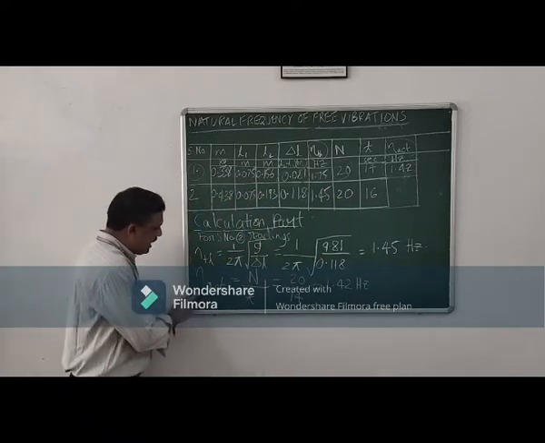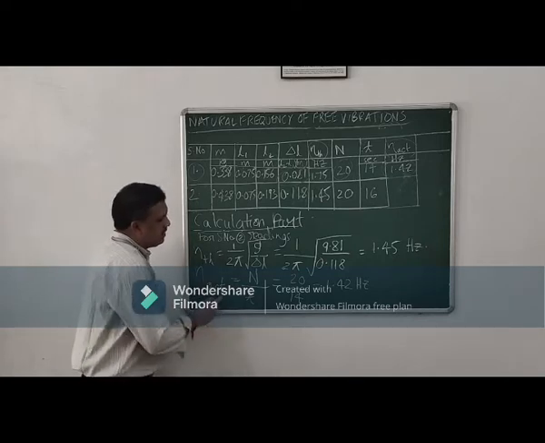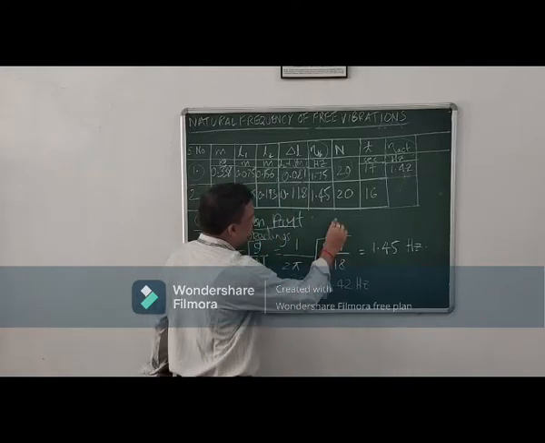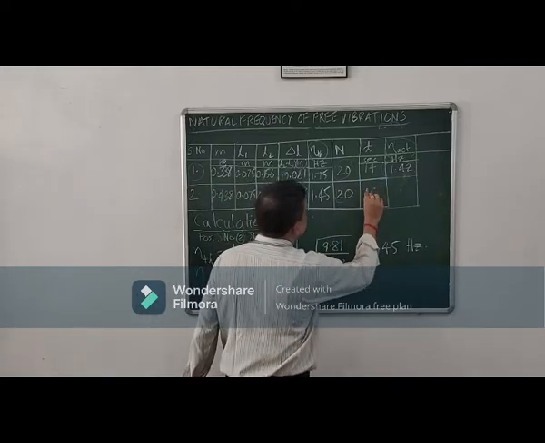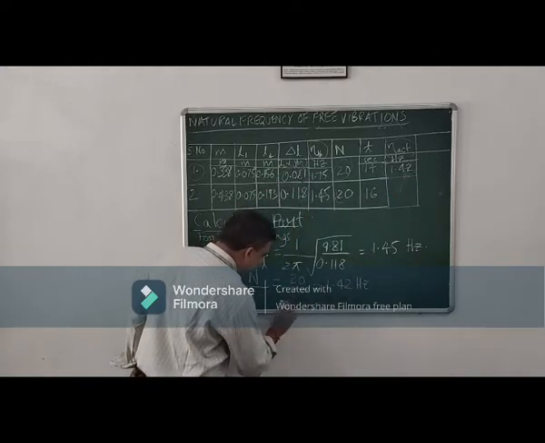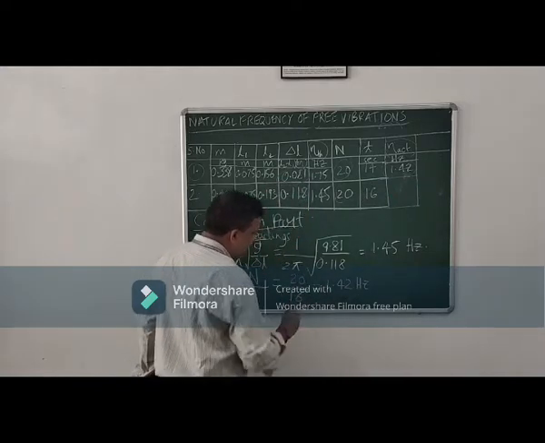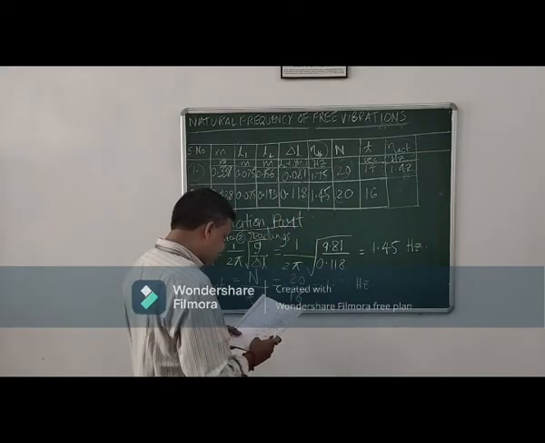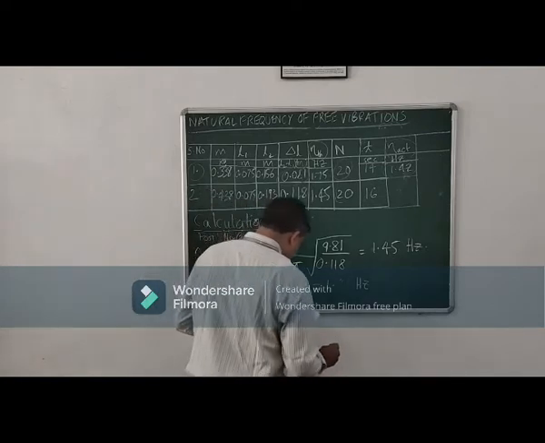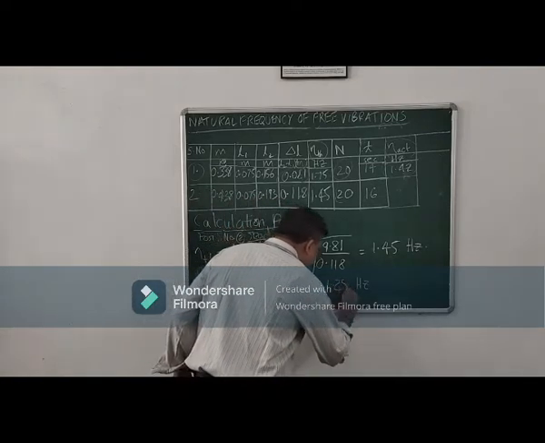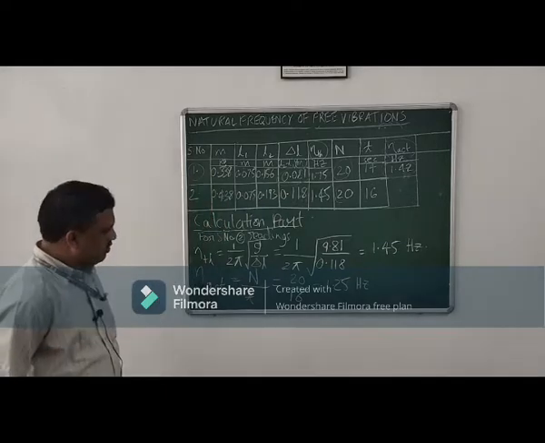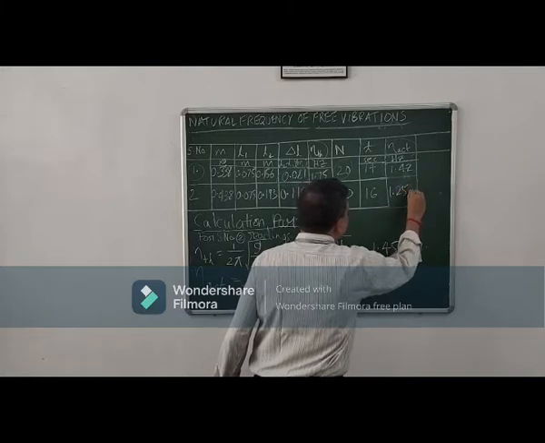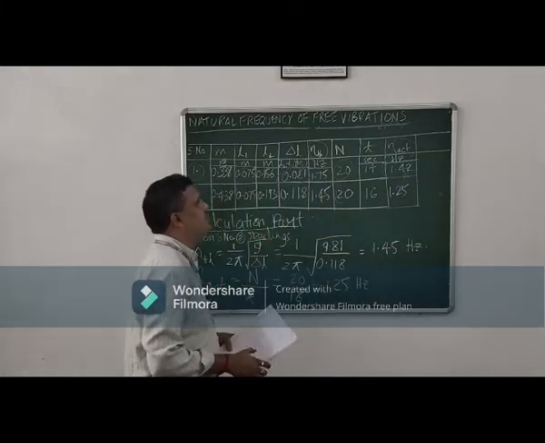Now we can calculate the actual natural frequency for the second set of readings. By dividing the number of oscillations by the time taken, that is 20 by 16, after calculation you will get 1.25 hertz. This is the actual natural frequency for the second set of values.